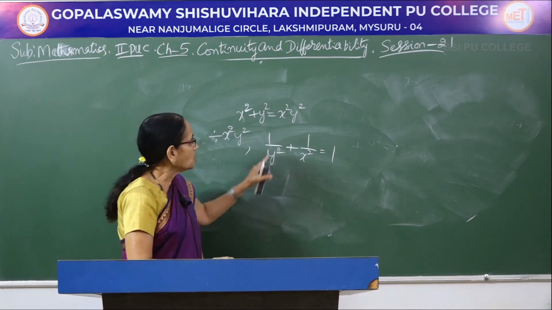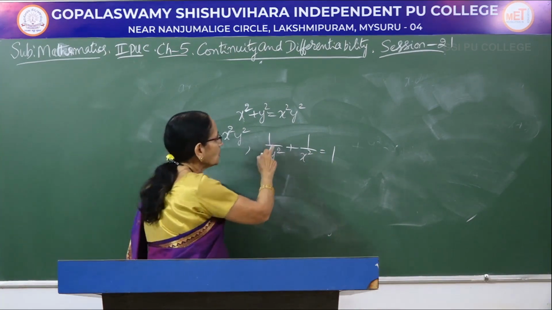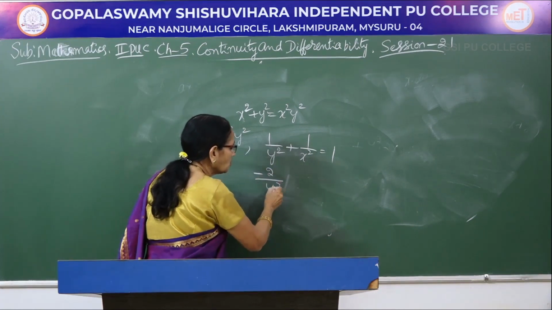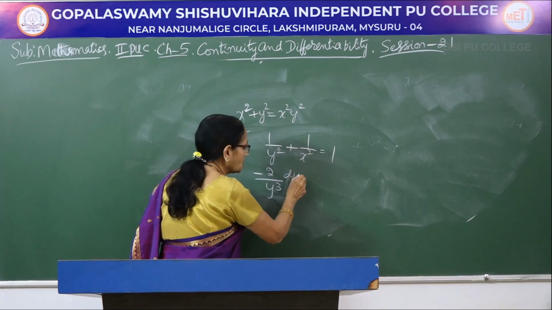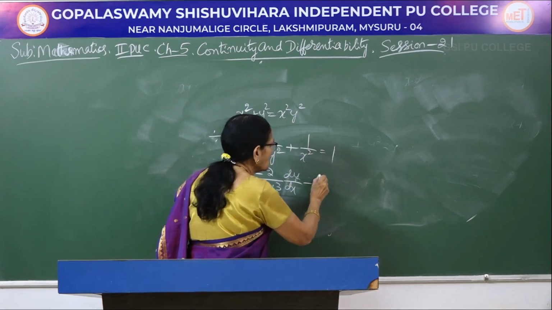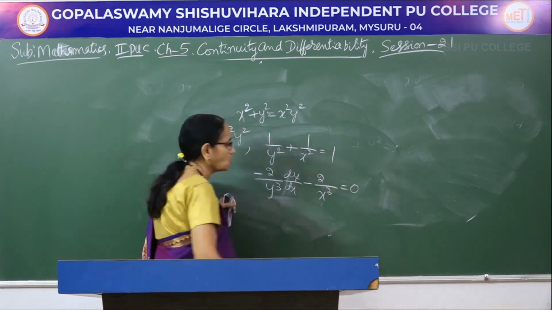Now, I am applying the formula for 1 by x to the power n. So, 1 by y square, you write its derivative as minus 2 by y cube, directly writing into dy by dx, and here it is minus 2 divided by x cube, that would be equal to 0.